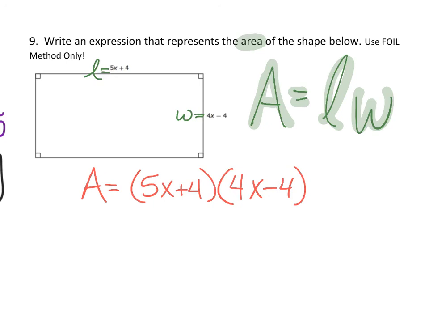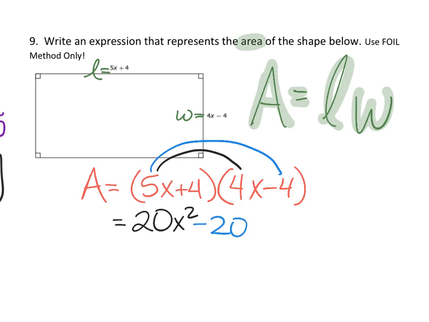We're first going to multiply the first numbers in each parentheses. So I'm going to multiply 5x times 4x. What do I get? 20x squared, because x times x is x squared. Then I multiply the outsides. What's 5x times negative 4?